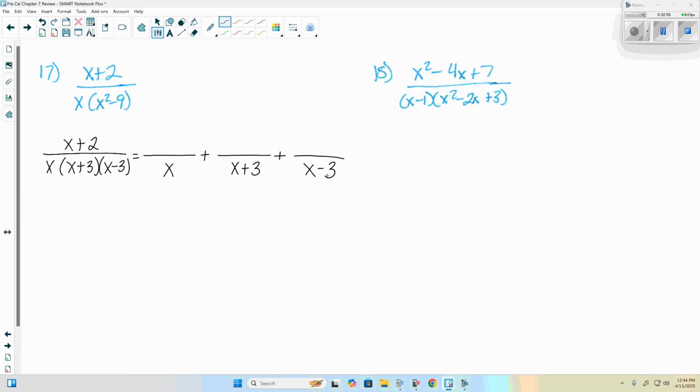So we have 3 factors. We have x, x plus 3, x minus 3. They all show up once, so we only have them once. The degree for each of them is 1. We just have A, B, C on top.